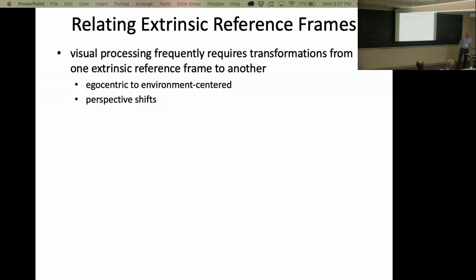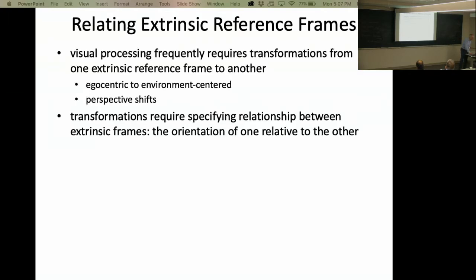Or there are cases where you need to deal with perspective shifts. This is something I have trouble with giving this talk, because I'm looking at the knife up here and I'm trying to arrange this one so that it looks the same to you as that one up here, and that goes beyond my capacity for spatial thinking. These transformations require specifying the relationship of one extrinsic frame to another. More specifically, the orientation of one extrinsic reference frame to another.